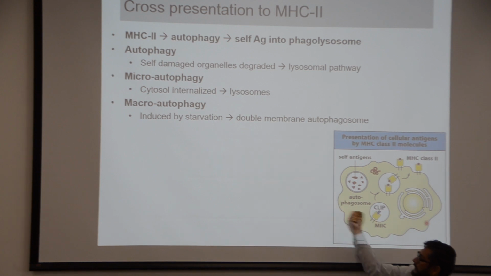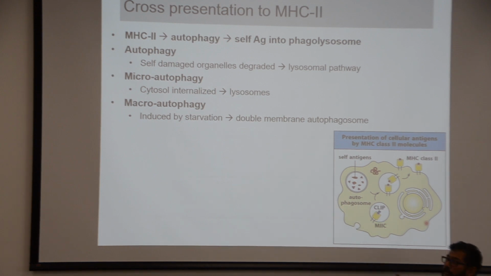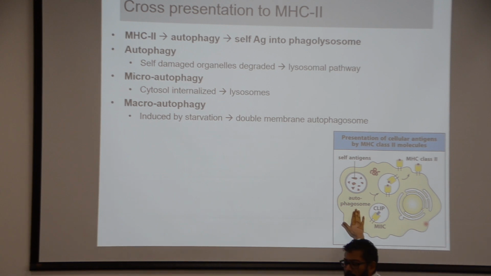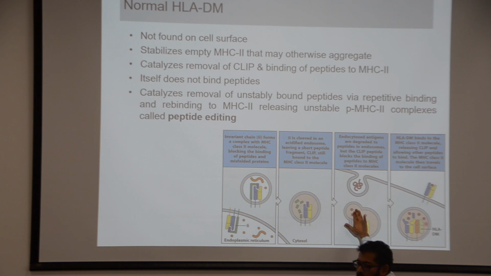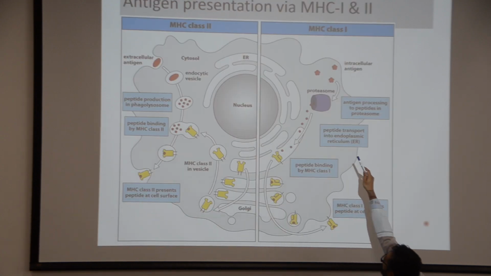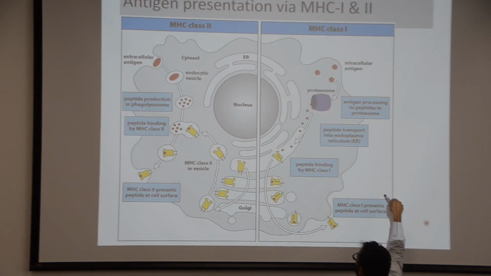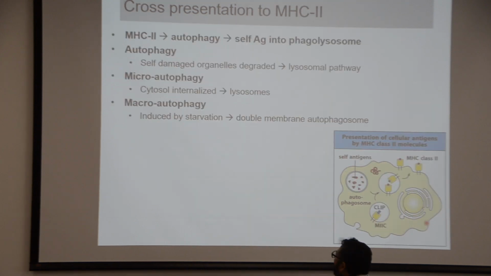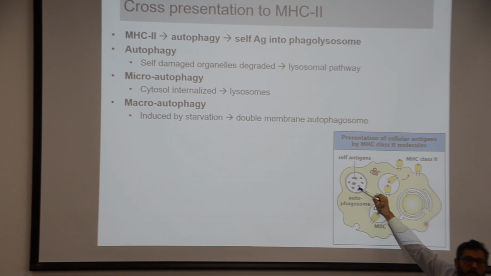So the cell starts to eat its own cell, and when it does, any protein that was in the cytoplasm, if you recall, these cytoplasmic proteins will be thrown out and taken back in, and then go through the process of phagocytosis.